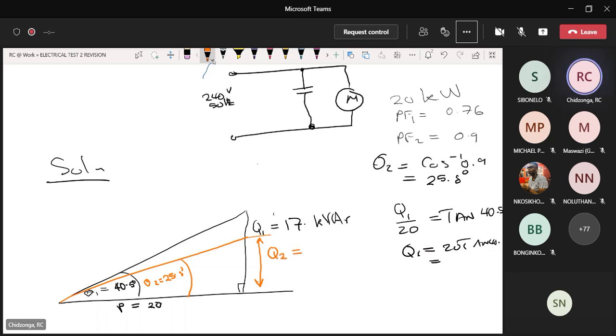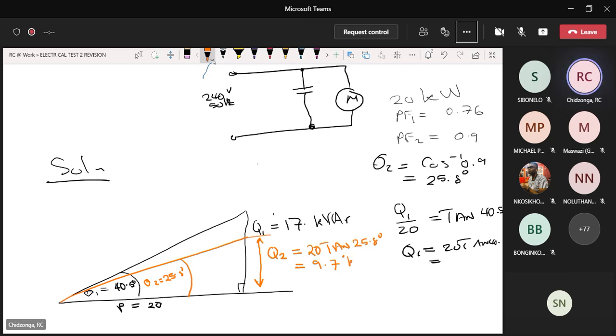It's going to be 20 tan 25.8 degrees, because this orange line and the P also form a right angle triangle. That is going to equal 9685 VAR. I'll just call it 9.7.